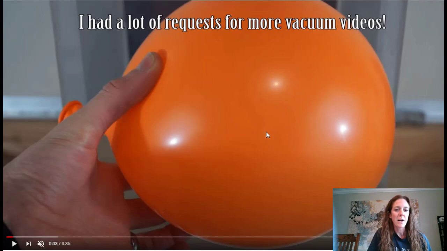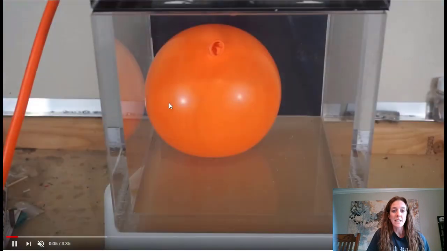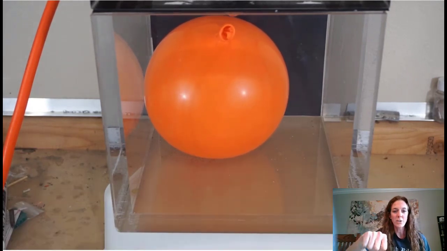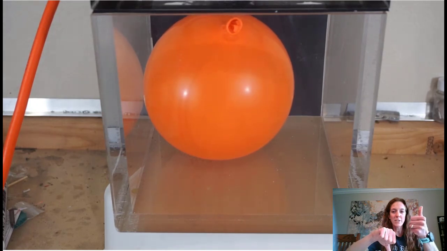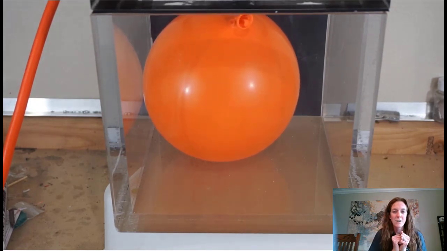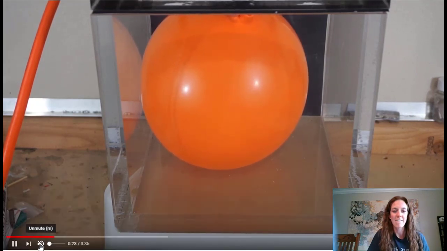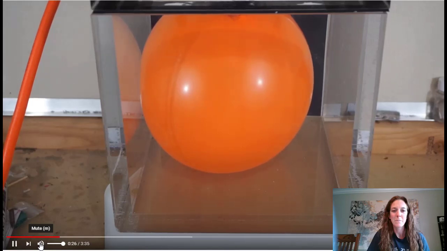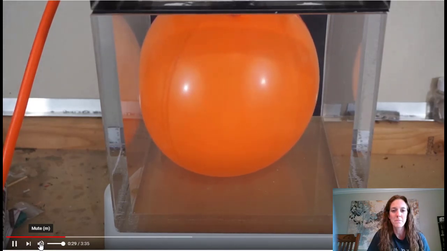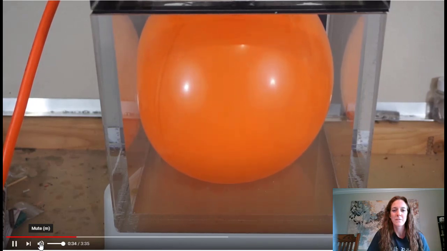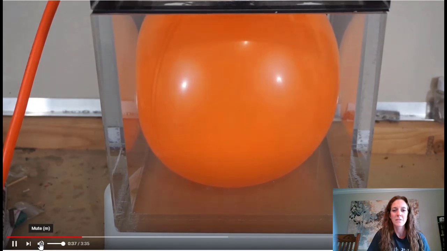Here's another example of a balloon put into a vacuum chamber, where we can see how when pressure decreases, the volume of the balloon increases. Hear that vacuum. Look how big it's getting. It's going to fill up our whole chamber. Might pop.